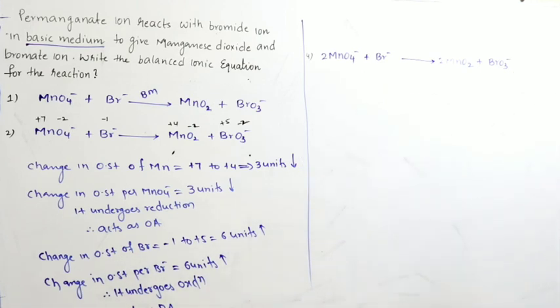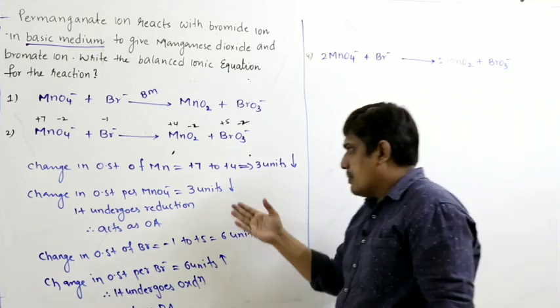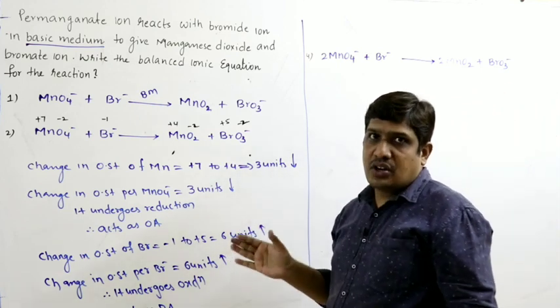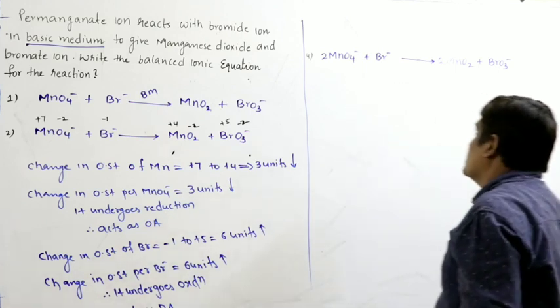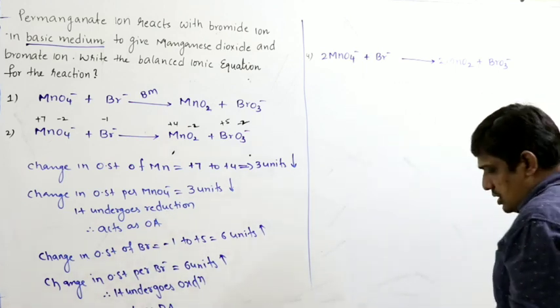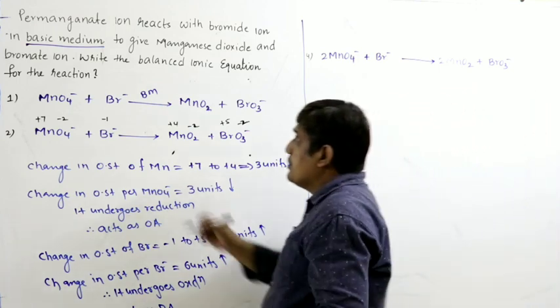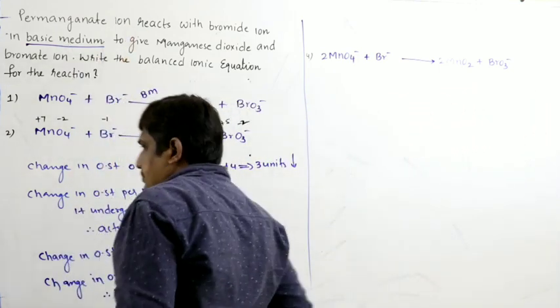Right. So, we have balanced all atoms other than oxygen and hydrogen. We have even balanced the change in oxidation states for both the oxidizing agent and the reducing agent. Then we have to balance oxygen and hydrogen. For that you have to see the medium. What is the medium here? Basic medium.